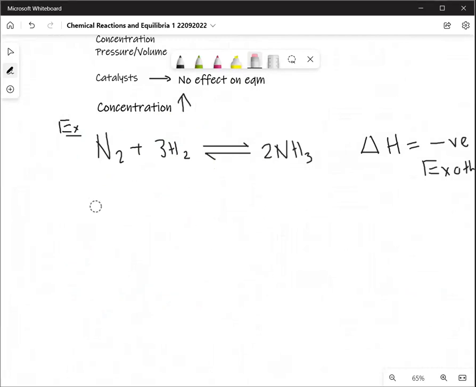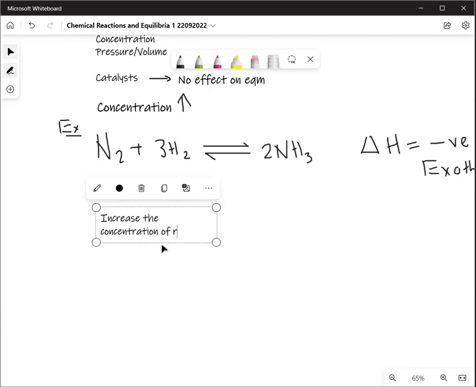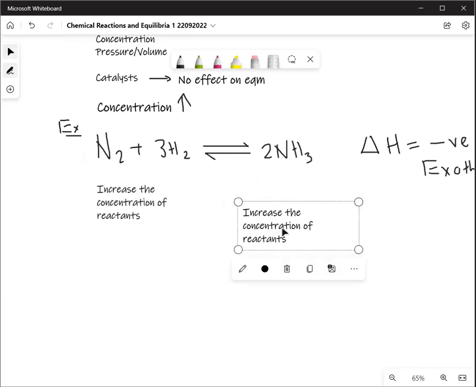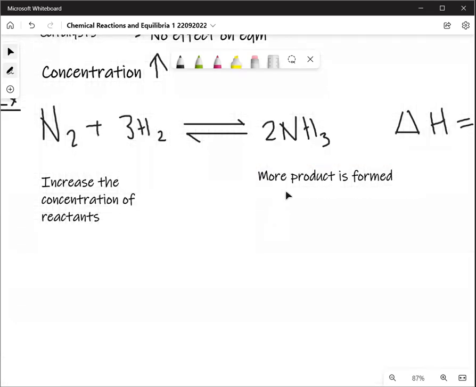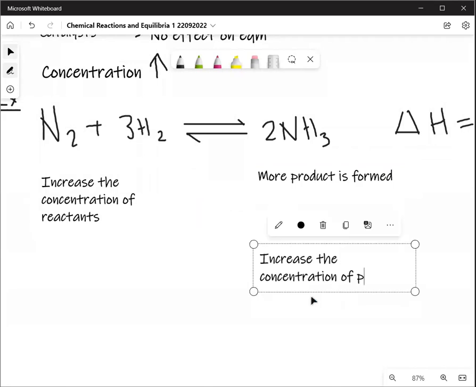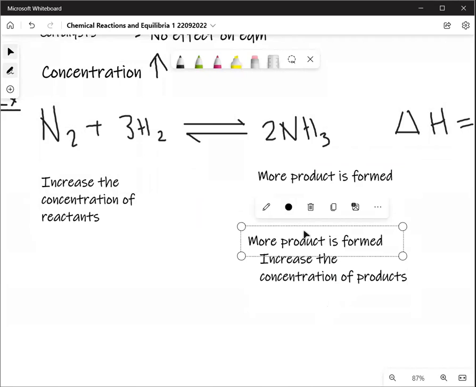If I increase the concentration of N2, let's say reactants, then more product is formed. Now, Niranjana, what happens if I increase the concentration of the products? What happens is that more reactants will react.